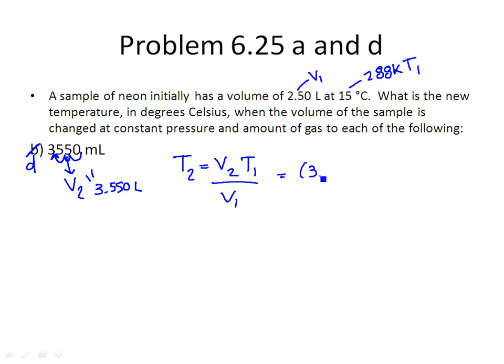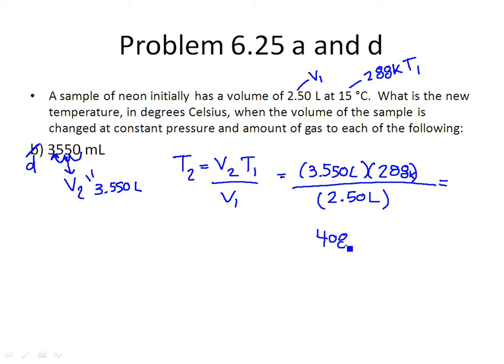So we get 3.550 liters times 288, our T1, 288 K, divided by V1, which is 2.50 liters. So we get about 408.96, or you can round that to 409 if you would like.